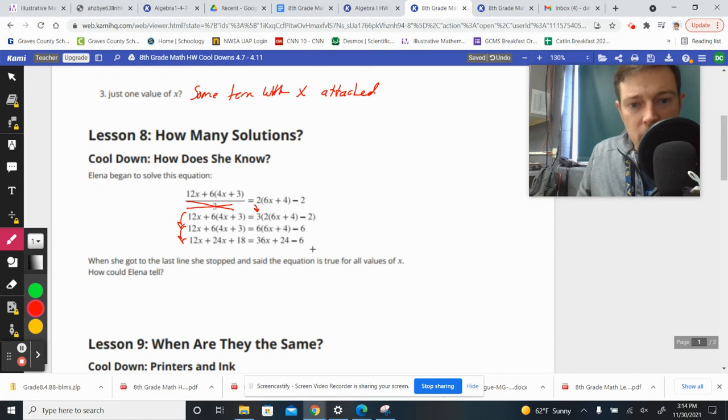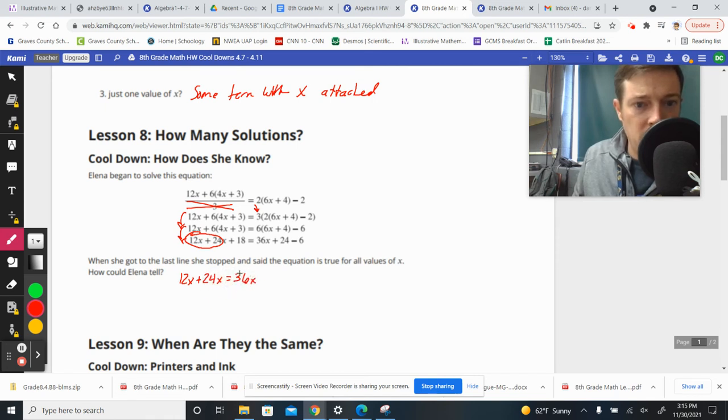But she stops right here and says that this is going to be true for everything. How did she know that was going to be the case? The reason she knew was because 12x plus 24x equals 36x.